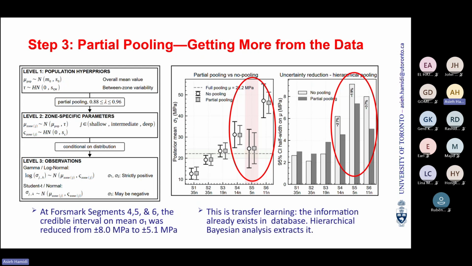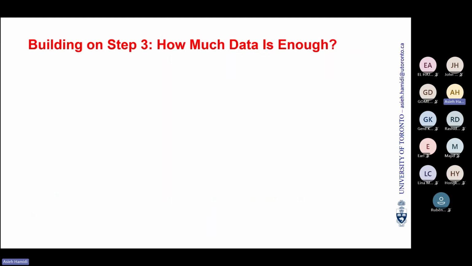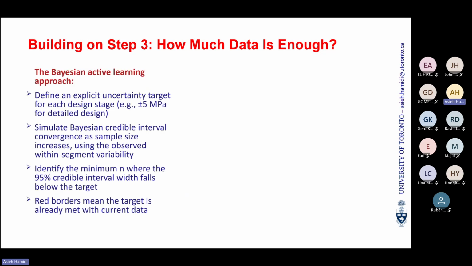So here, during the partial pooling, we significantly reduce the uncertainty of our stress estimate, which won't happen if we do an overall full pool in our conventional and traditional method. Building on the partial pooling, we can answer questions like how much data is enough. For that, we make some simulations with our target for uncertainty and precision.